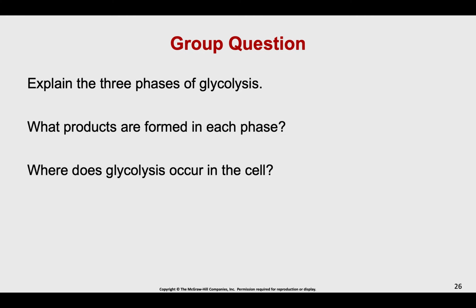Does anyone need more time to answer this question? First of all, where does this occur in the cell? In the cytosol, yes. So what's the first phase of glycolysis? Energy investment phase, yes.